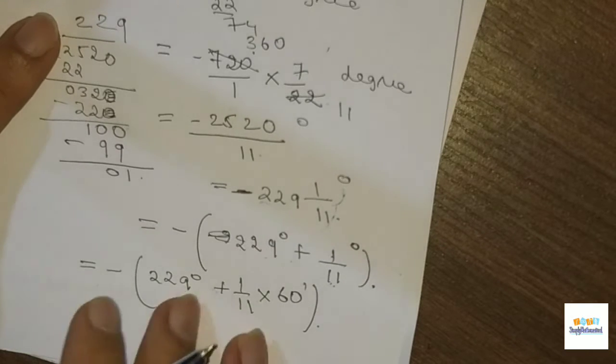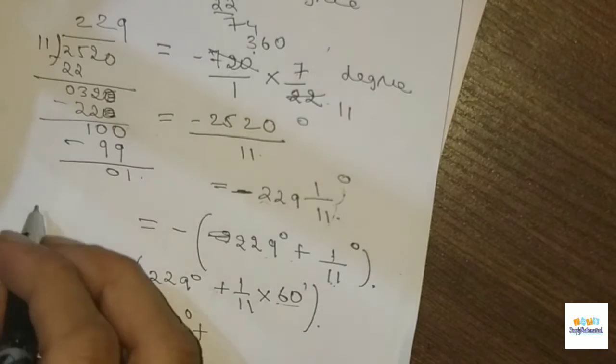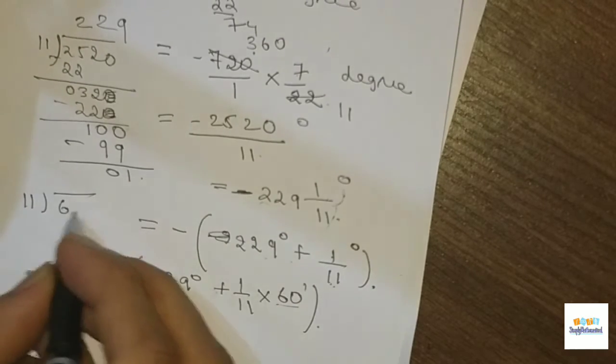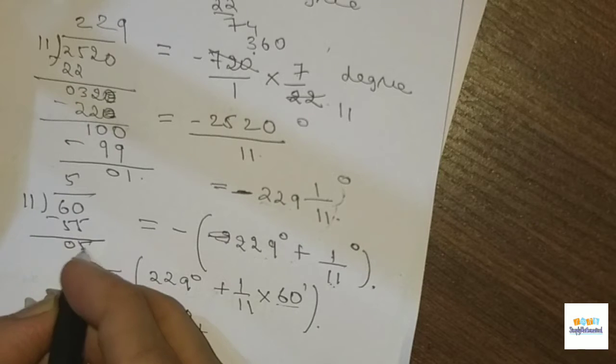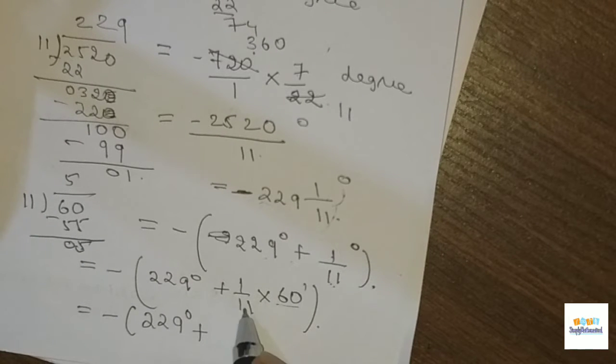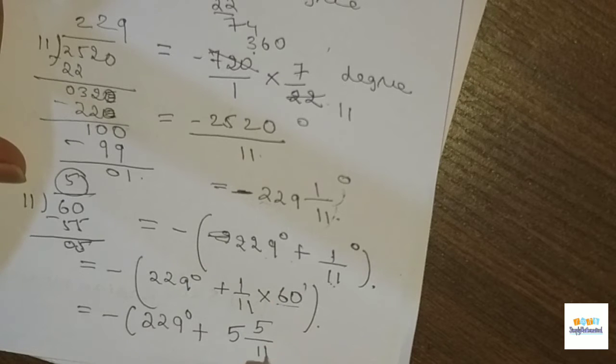So what we'll get is minus 229 degree plus, now you divide this 60 by 11. 11 5s are 55, 5 remains. So the answer is 5, remainder divided by the divisor, so 5 by 11 you will get. And this is in minutes.